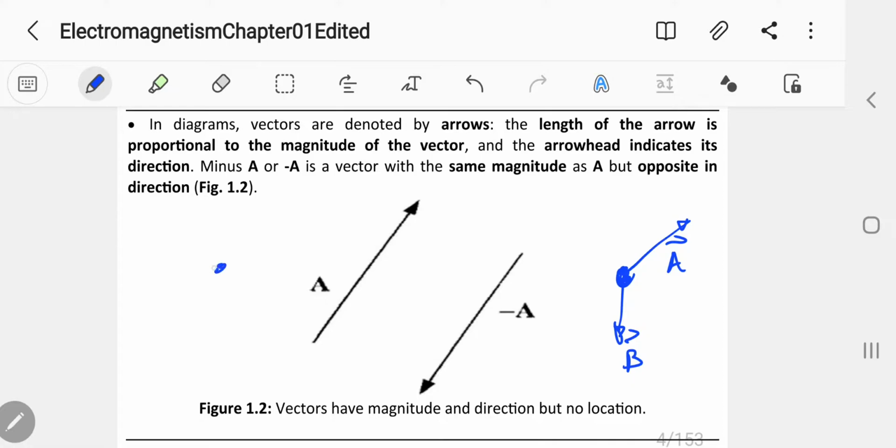Or if you have this one C and this one D, for example, they are going to the same point. They are called coterminous. And this is co-initial.